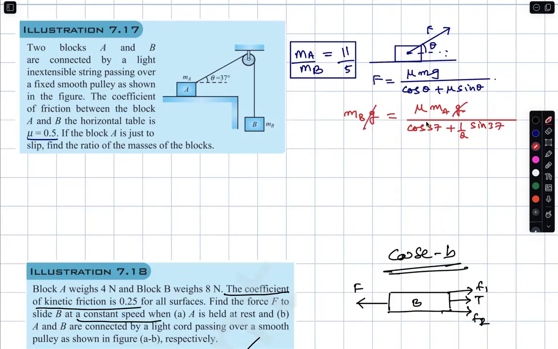You can cancel these two. So m_B is finally half of m_A by cos 37. Cos 37 is 4 by 5 plus a half of 3 by 5. If you do the proper calculation, you will have 5 m_A followed by 8 plus 3, 11. So which clearly implies m_A by m_B is nothing but 11 by 5.